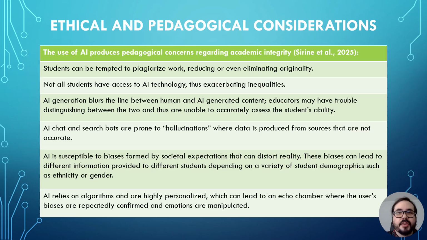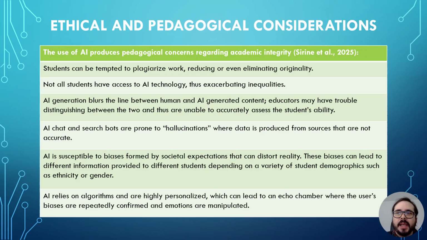This can be very crucial in academic settings because facts matter, right? You have to get the information correct, and if the AI doesn't, you're using a framework that is just wrong from the get-go. AI is also susceptible to biases formed by societal expectations that can distort reality. These biases can lead to different information provided to different students.